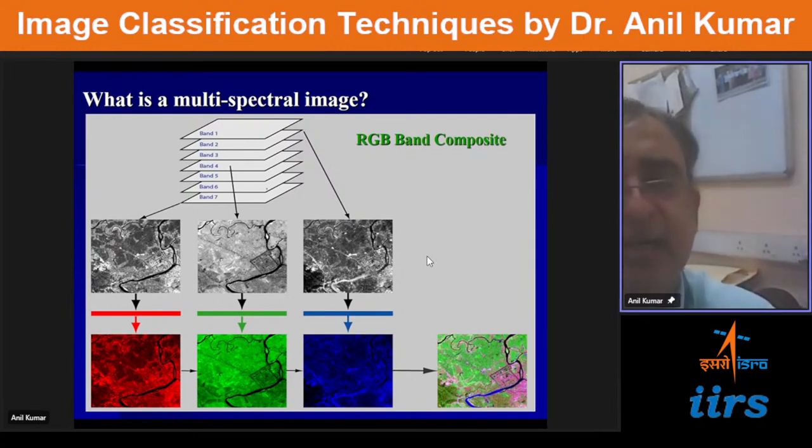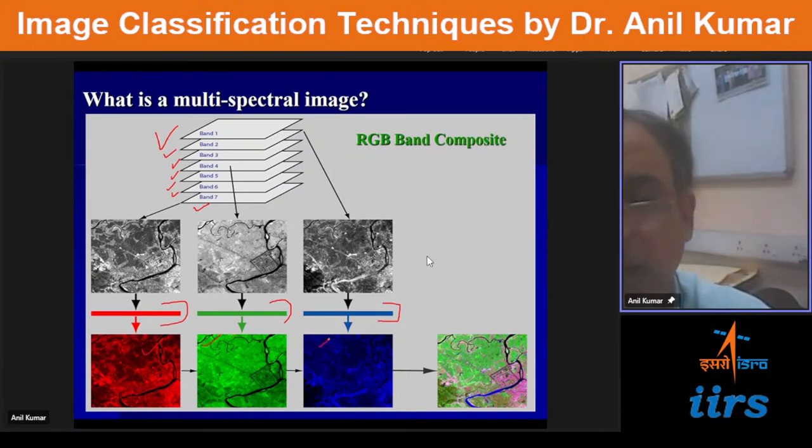Next, we can understand a little bit about multispectral images. From a multispectral camera, we may get 7 bands, like for Landsat images, band 1, band 2, 3, 4, 5, 6 and 7. If you take any of these bands, you can pass them on to the primary guns, that is the red gun, green gun and blue gun. So you get tinted outputs: this is red tinted, green and blue.